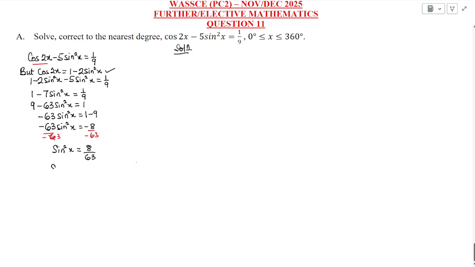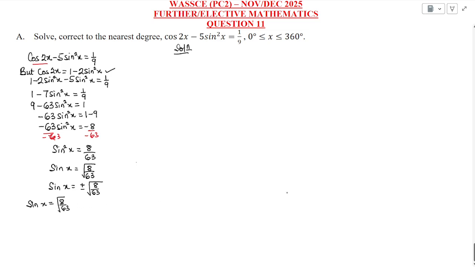So sine x equals the square root of 8 divided by 63, and we know this gives us the positive and negative sides: positive and negative square root of 8 out of 63. Quickly, we can take the first part, which is the positive side.